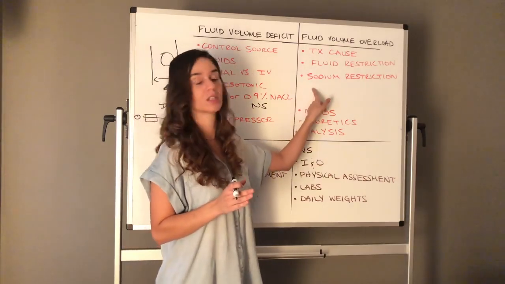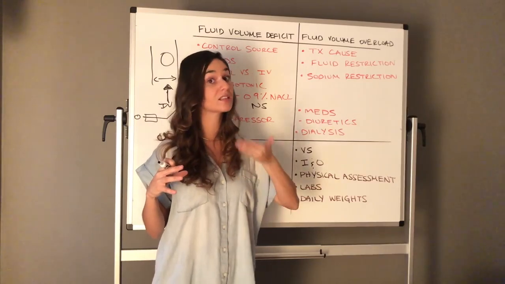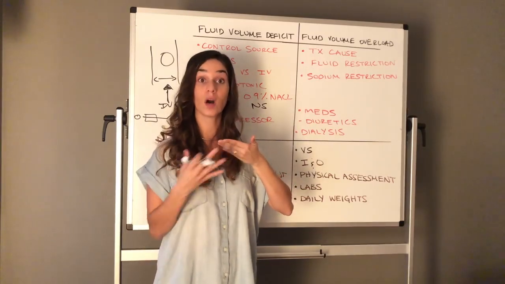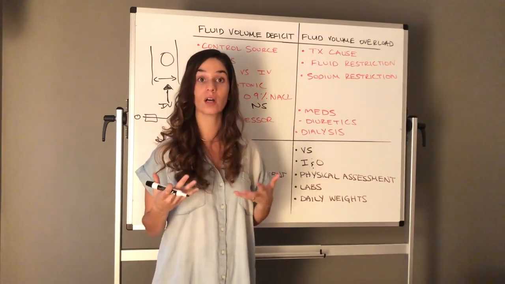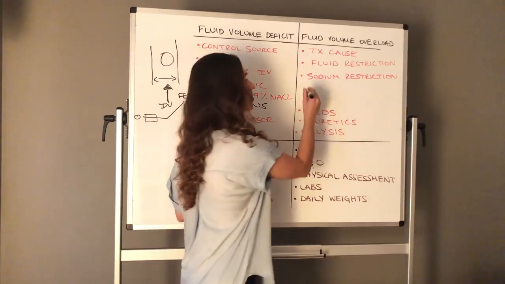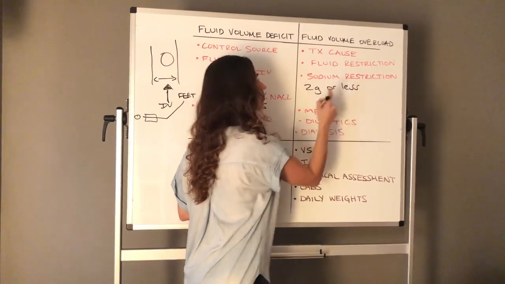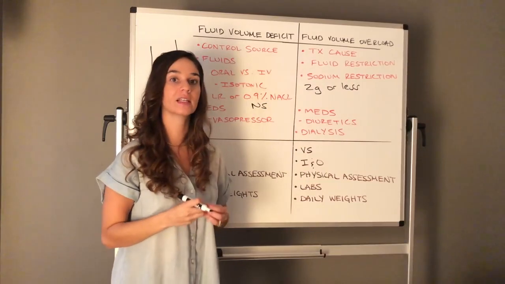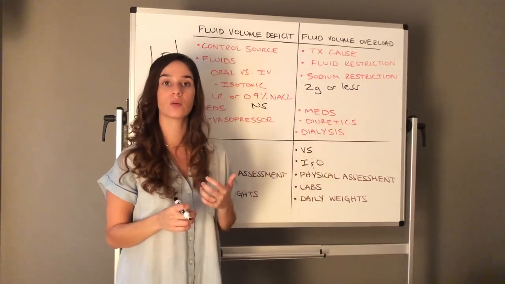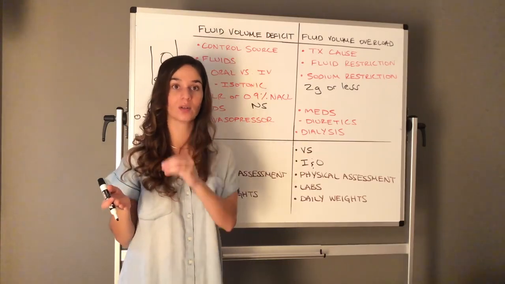And then sodium restriction. We remember that water follows salt. So if you increase a lot of salt in somebody's body, water will be retained. We will hold on to water. So a sodium restricted diet is typically 2 grams or less. And on a sodium restricted diet, you have to be very careful. Packages or labels could say salt-free, and you look at the label, it has sodium in it.